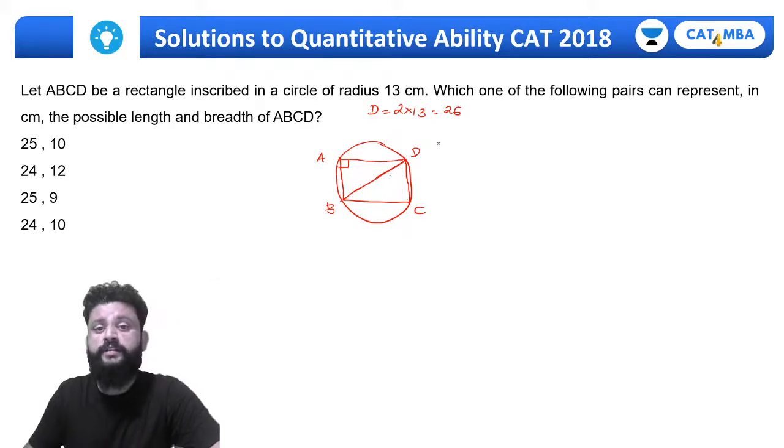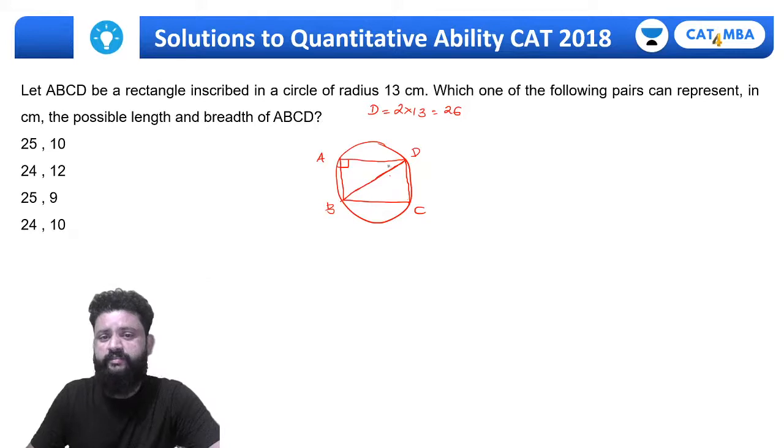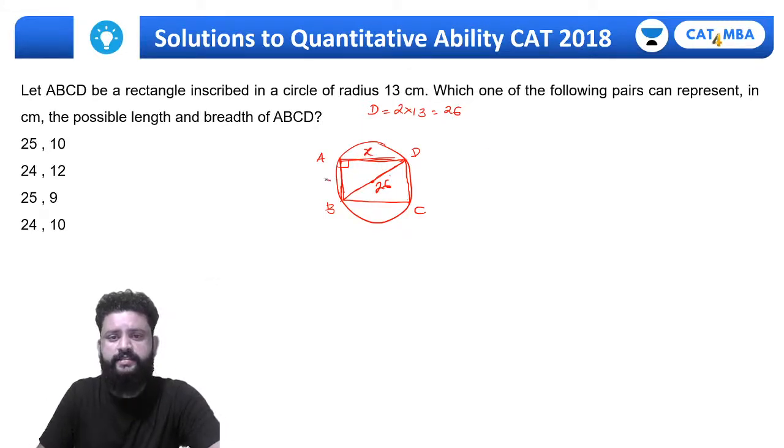So if BD is a diameter, then definitely the length of BD will be 26, and we want AB and AD. So let's say this is y, this is x, so definitely x square plus y square must be 26 square.